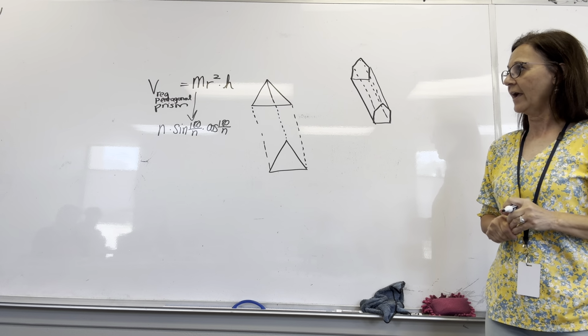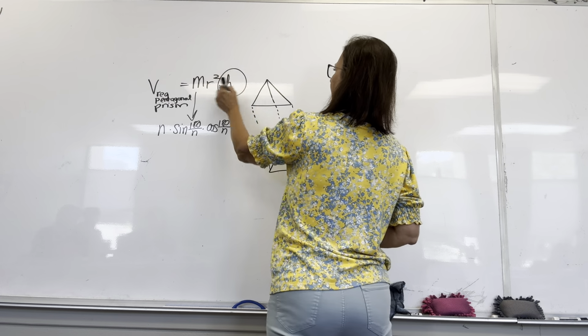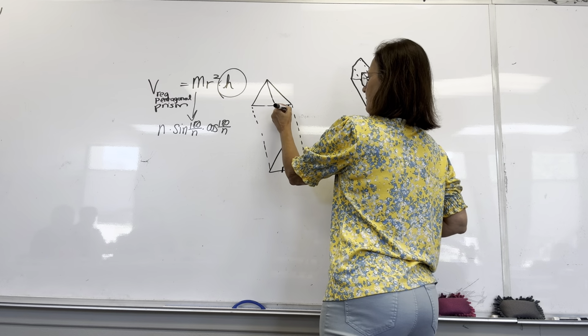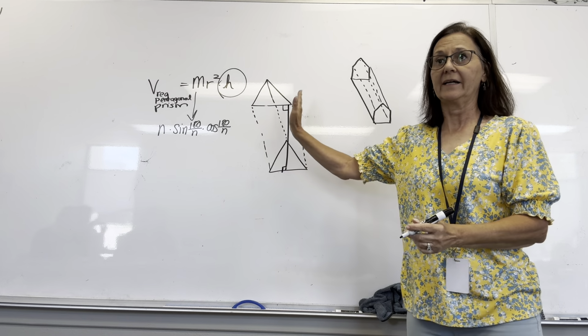Now, what is this height or the altitude? The height or the altitude is a perpendicular line between the bases. So look at this triangular prism. This really is flat, but I have to draw it this way because it's on the board. It would be a perpendicular line between the bases, because that's oblique.